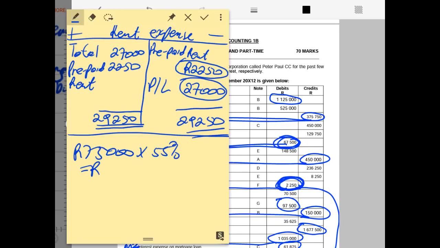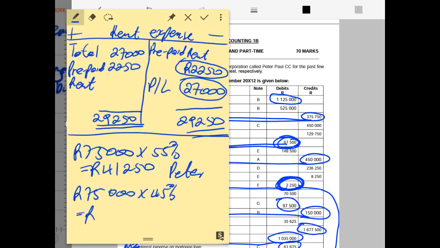That will give us 41,250. And 75,000 rands times 45% will give us the portion of the distribution from the side of Paul, which is 33,750. That is the distribution of Paul.